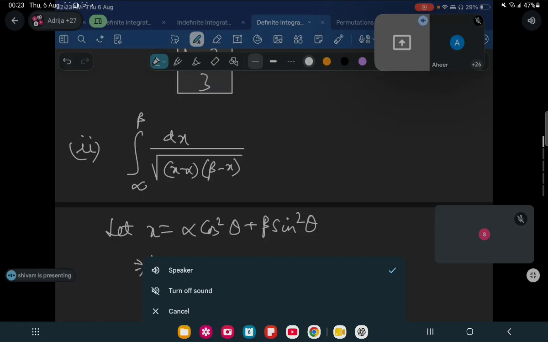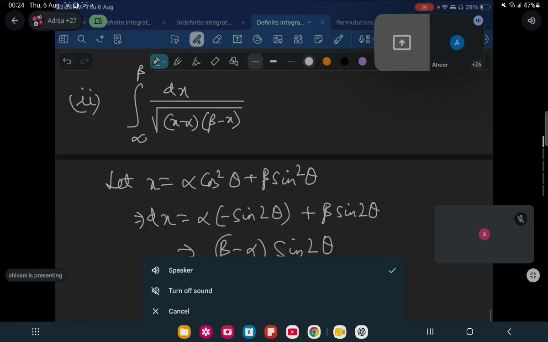So everyone, what is dx? Dx will be equal to alpha into 2 cos theta into minus sine theta, so alpha into minus sine 2 theta, plus beta into sine 2 theta. When you take sine 2 theta common, you'll get beta minus alpha into sine 2 theta. Tell me, are people getting?